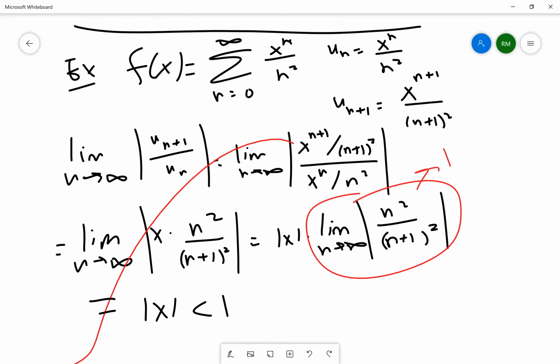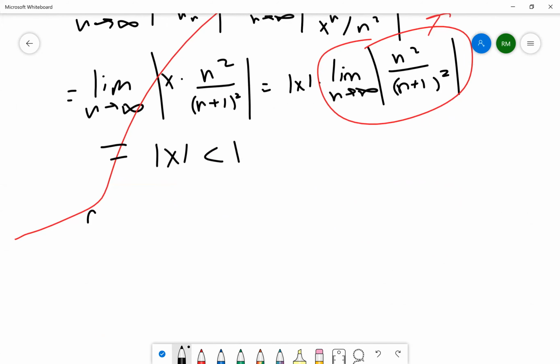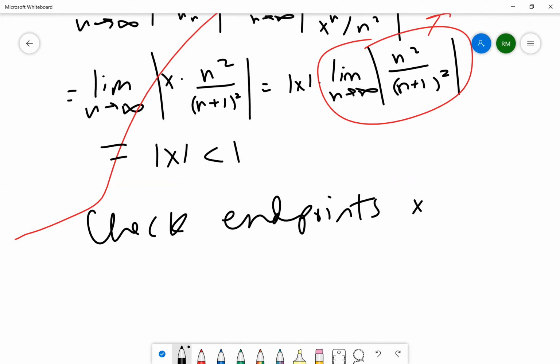So this tells us that we converge from -1 to 1, and we need to check the endpoints: x equals 1 and x equals -1.